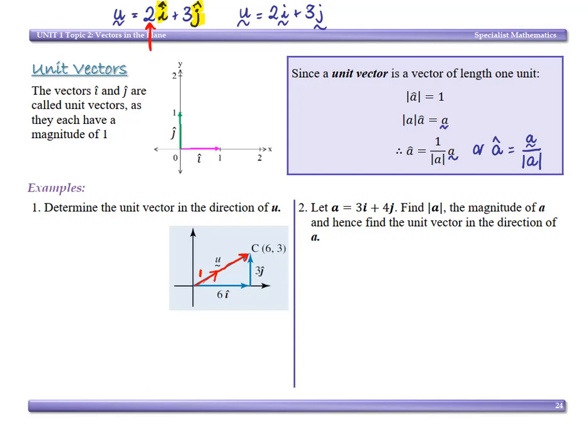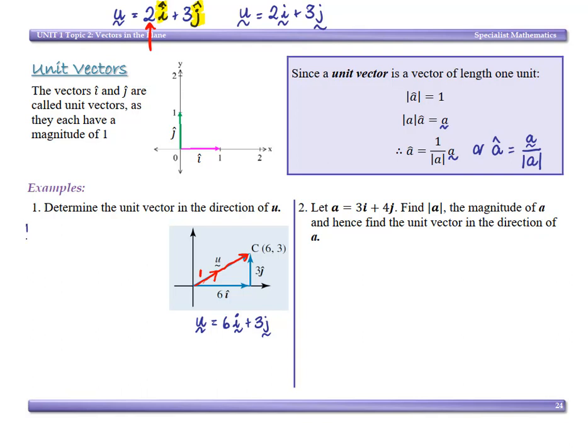Now in regards to this diagram, that vector u is 6i plus 3j. To find the unit vector u, I need to know the magnitude of my vector u, so I can divide by that magnitude. So I'm reducing the length to be 1, or the magnitude to be 1.